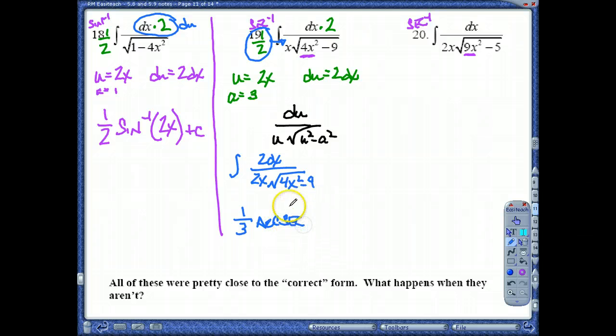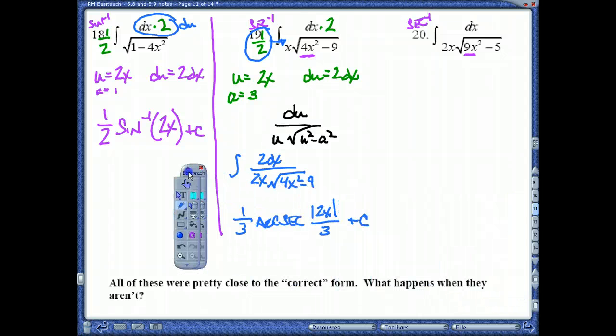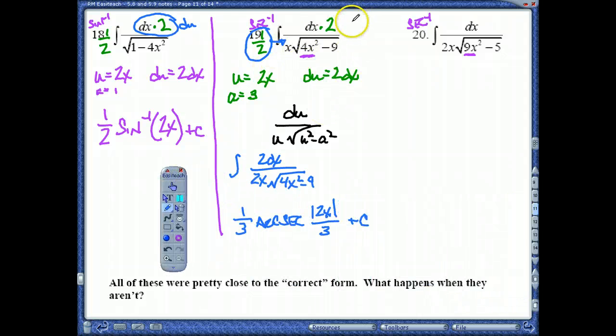It's not to the -1 power, but it's inverse notation. And then the absolute value of u over a plus c. Okay, so that one was a little weird. We needed to make some alterations due to the du, and those alterations actually came in handy for my u.